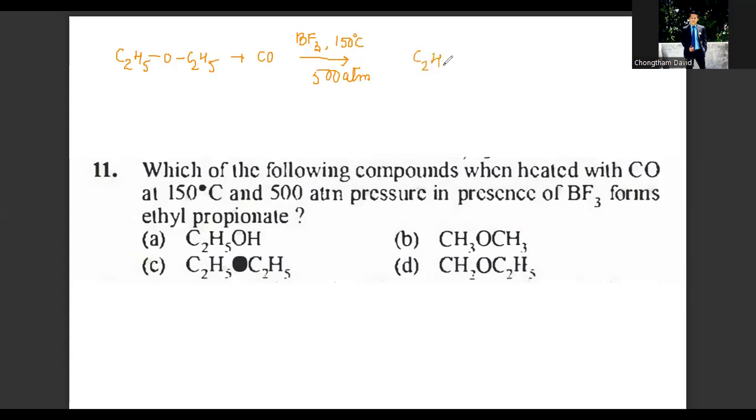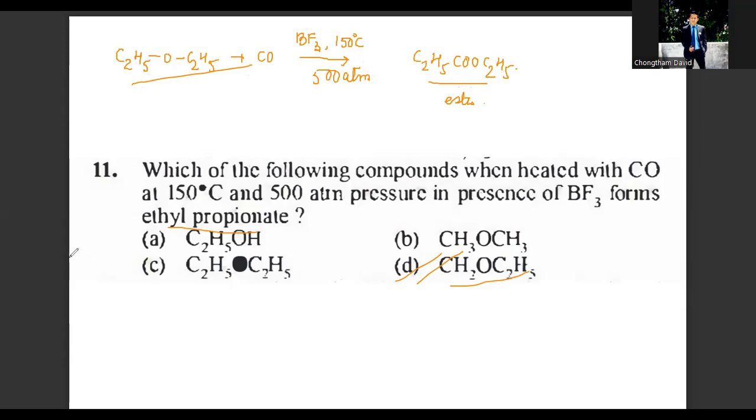You will generate ethyl propionate. This will have a very fruity smell because this is an ester. So which is the answer? D, because you're asked to find the ether. Option number D.